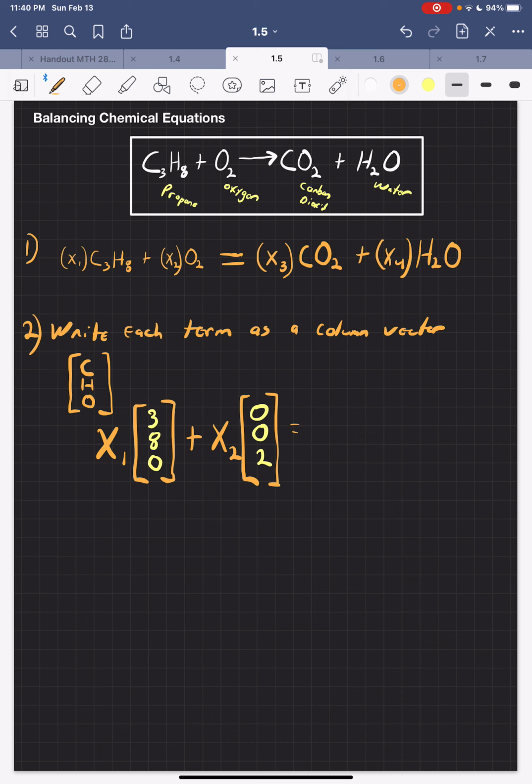All right, equals, and now at this stage, you pretty much see the pattern. So carbon dioxide will have 1 carbon, no hydrogens, 2 oxygens. And finally, we have water, which has 0 carbons, 2 hydrogens, and 1 oxygen.